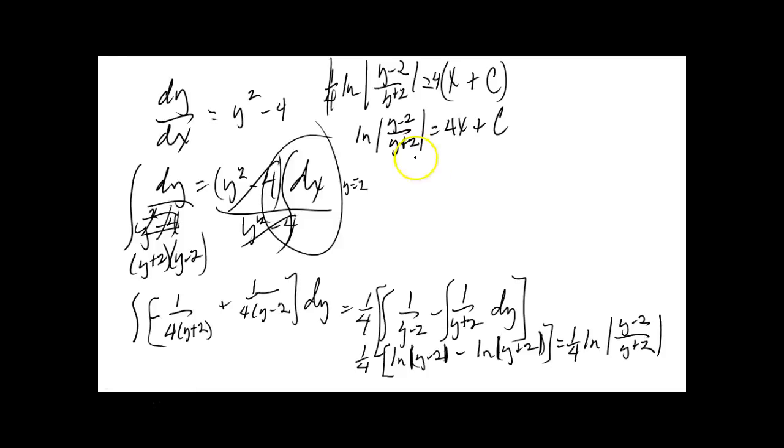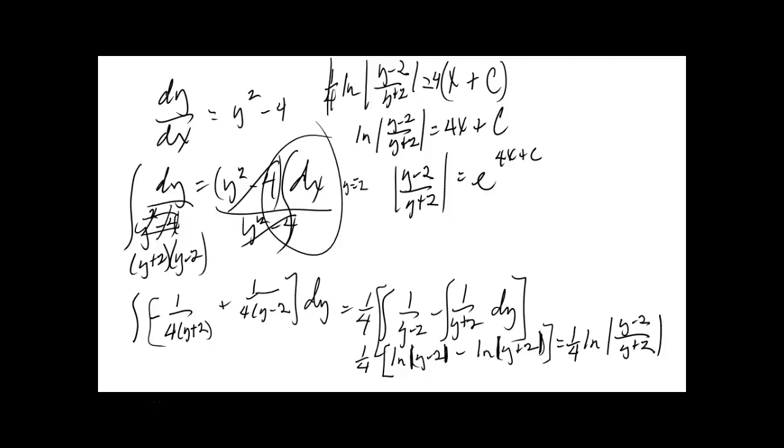And if you do that, you get (y minus 2) over (y plus 2), and I guess technically you have to keep the absolute value bars on there, is equal to e to the 4x plus c. Okay? Because raise e to both sides to lose the logarithm. Because e's are a little easier to mess with than logarithms.